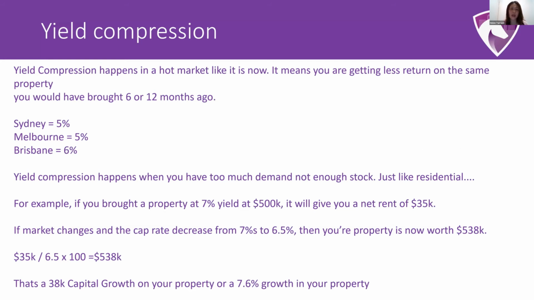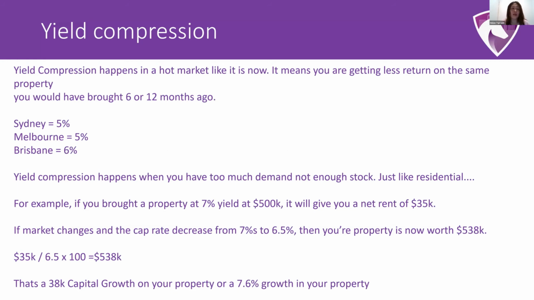So as yield compression happens, which is what's happening in this market, it's a hot market like it is now. So one of the ways to combat that market is to get in quick. One of the things is to be decisive with your decisions. If you can put it to contract ASAP, you want to be doing that. And for all of you who actually bought commercial property before, really even now, and even if you're buying now, you're already making money in the market.